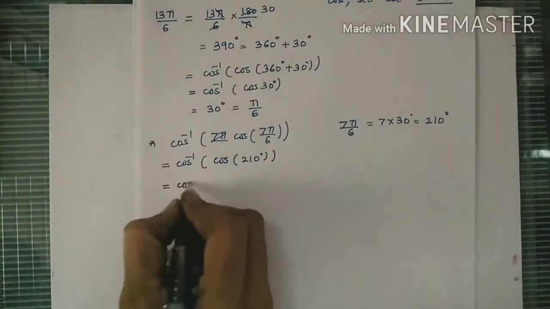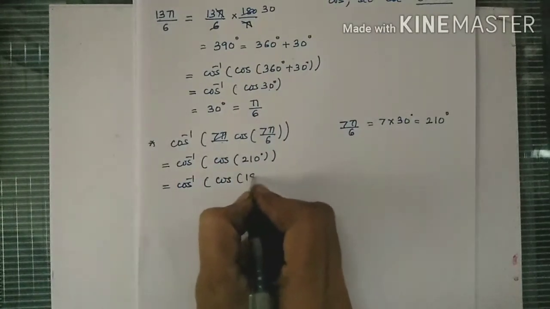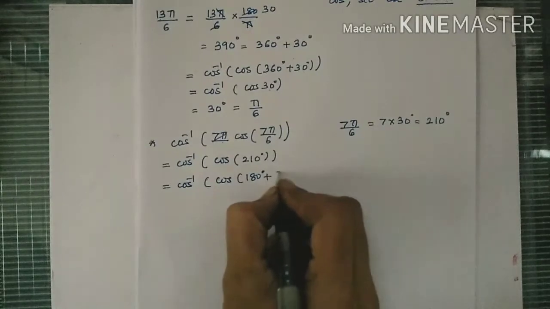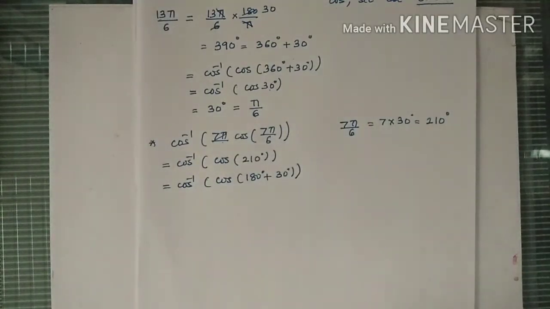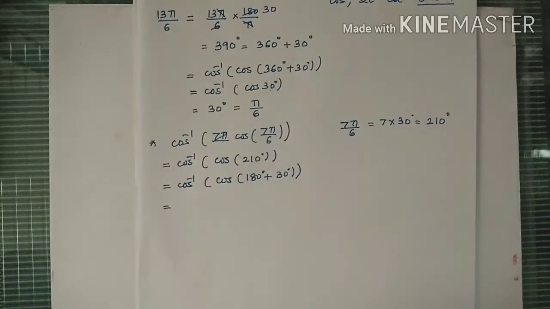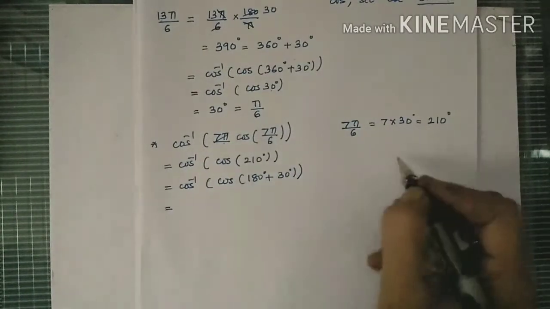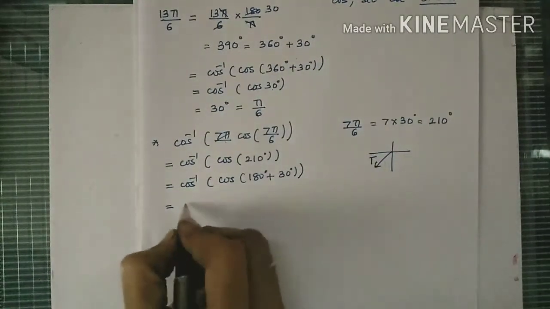Cos inverse of cos of 210, which is 180 plus 30 degrees. Now why am I taking 180 degrees? Because the ratio does not change for 180, so we will get only cos. But 180 plus 30 lies in the third quadrant, and in the third quadrant tan is positive, so cos is negative.